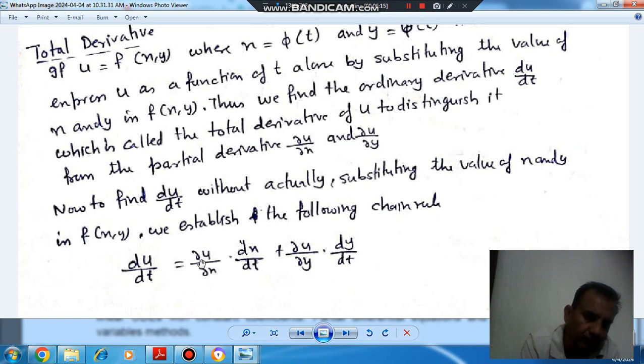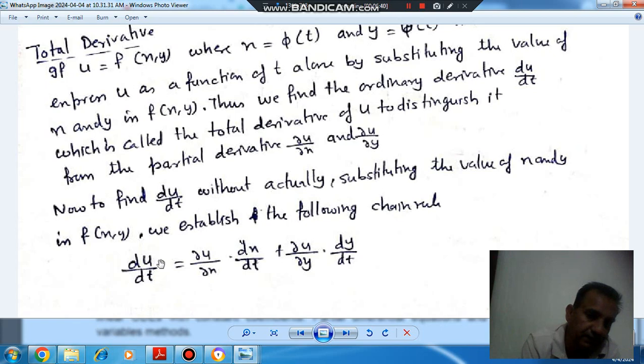We first partially differentiate u with respect to x, curly u by curly x, and then differentiate x with respect to t, dx by dt, plus the partial differentiation of u with respect to y, curly u by curly y, into dy by dt, the ordinary differentiation of y with respect to t. That is the chain rule.